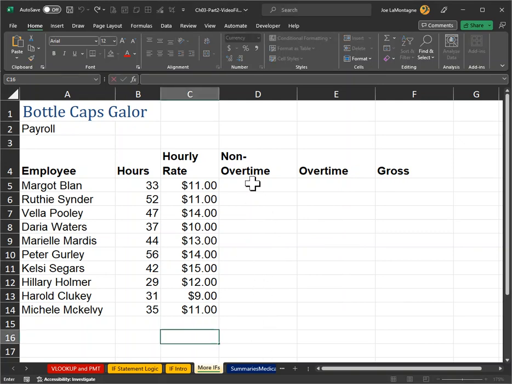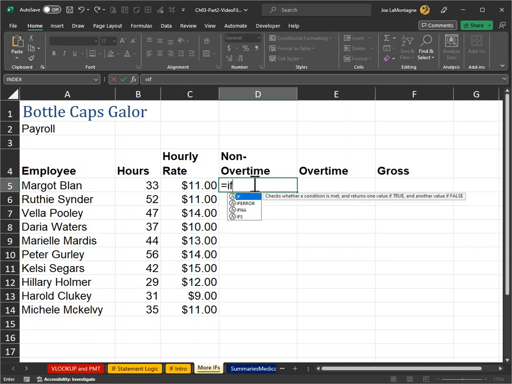In this instance, we want to look for those people that have worked less than or equal to 40 hours. So we'll take B5, that's the number of hours that this person has worked, and we're going to see if it's less than or equal to 40 hours.